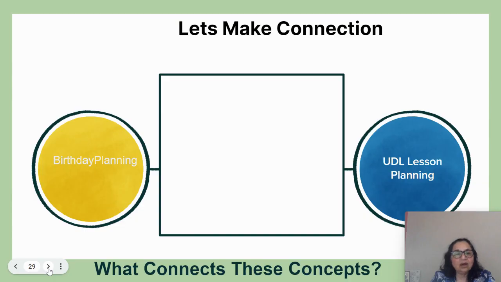So I hope with this presentation we were able to connect that event planning and lesson planning are quite similar, and we have drawn the parallel between both of them.